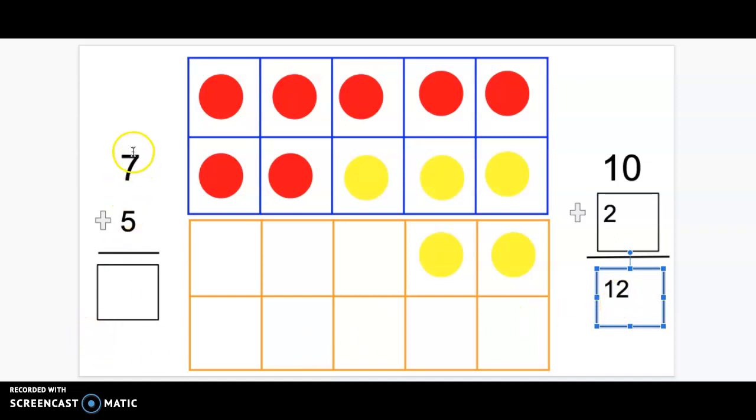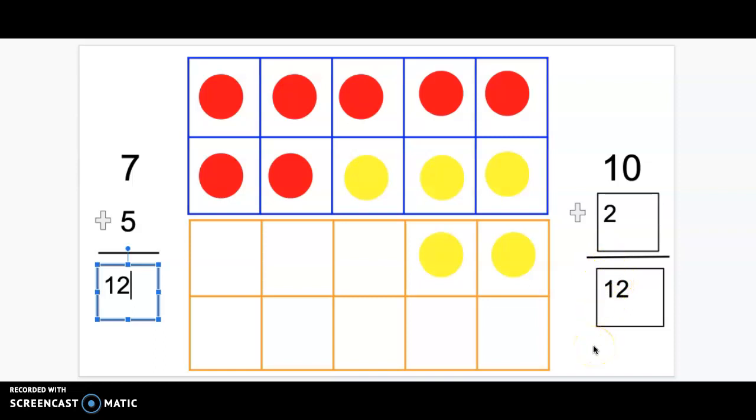Now we know that 7 plus 5 equals 12. See how making 10 helped us solve this addition sentence? 7 plus 5 equals 12, which is the same as when we make a 10. 10 plus 2 equals 12.